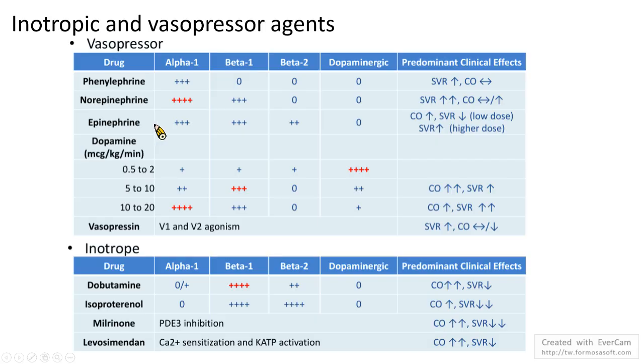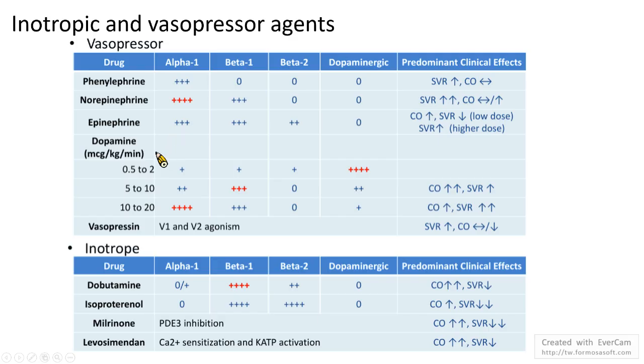Norepinephrine is a potent alpha-1 and beta-1 agent, which highly effectively increases the SVR. And epinephrine provides a balanced effect. At a lower dose, the CO would increase because of the beta-1 effect, but at a higher dose it is alpha-1 dominant, and will increase the SVR as well.